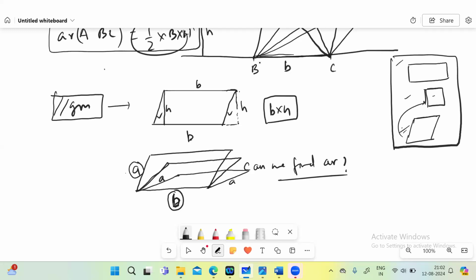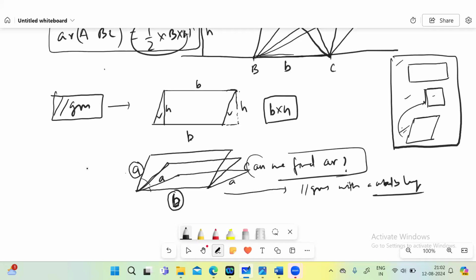As we move down with this particular angle, the area will reduce, and when we move up, the area will increase. So we can have an infinite number of parallelograms with A and B length. So we cannot actually calculate the area of this parallelogram.